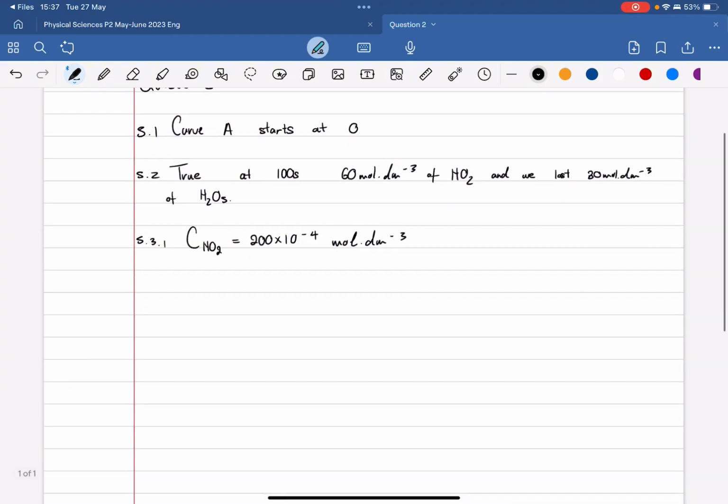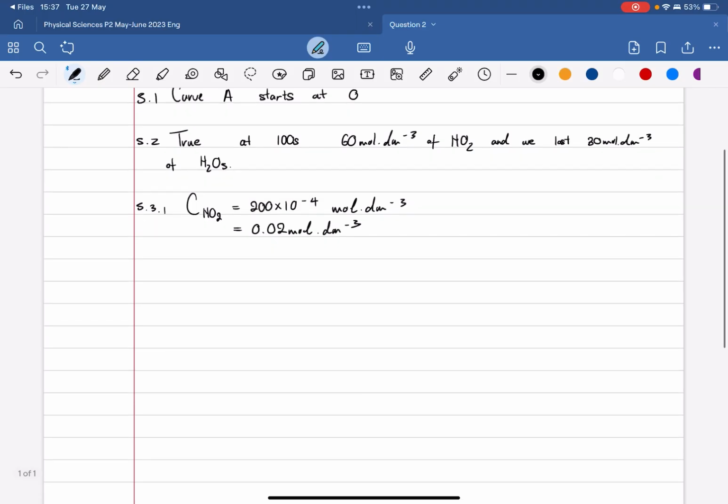If we do the math, 200 multiplied by 10 to the minus 4 gives us a concentration of 0.02 moles per decimeter cube. That's the concentration, but we're asked to calculate the mass of the nitrogen gas that was formed. So how do we do that?